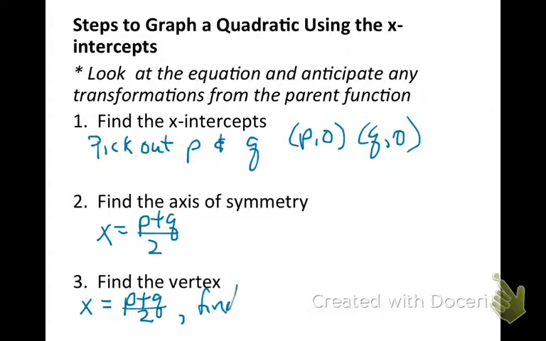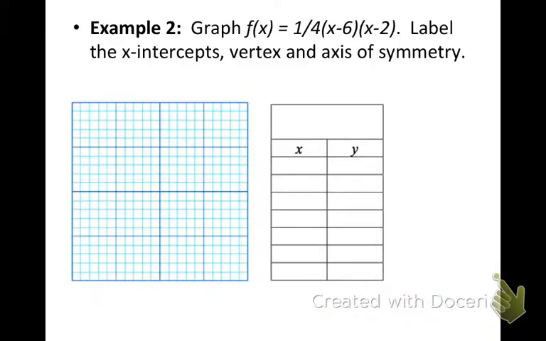And then to find the y value of the vertex, you plug in that x value that you just got. And that will give you the x and the y for the vertex. Then, just like before, you're going to make a t-chart and find 2 values in the negative direction of the vertex and then 2 in the positive and graph it.